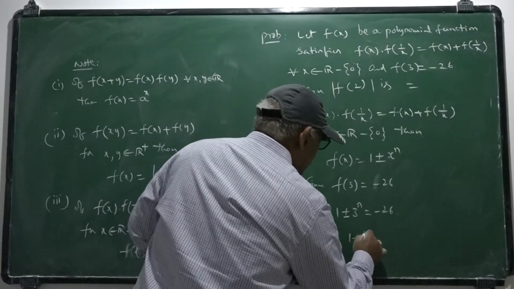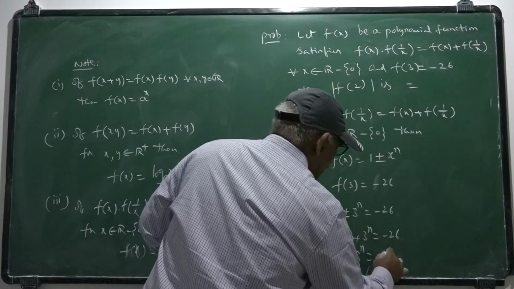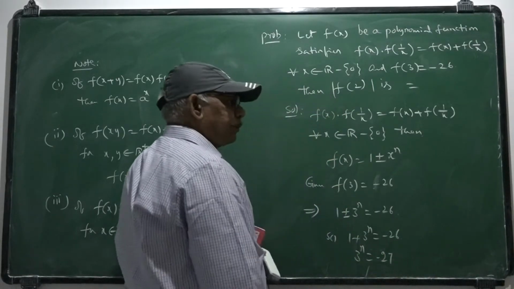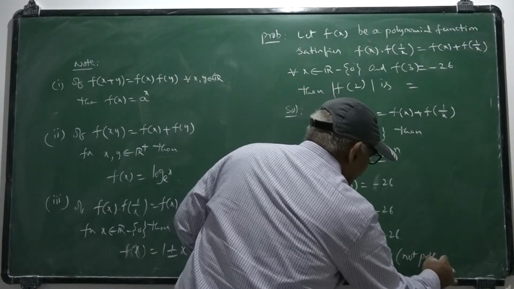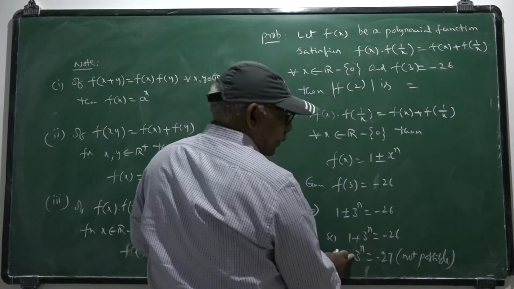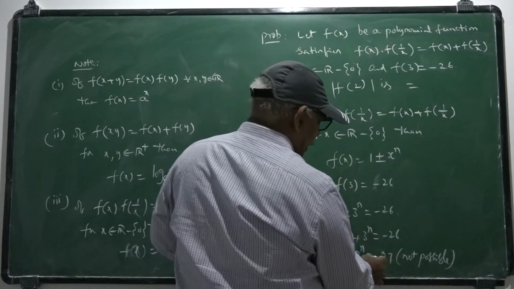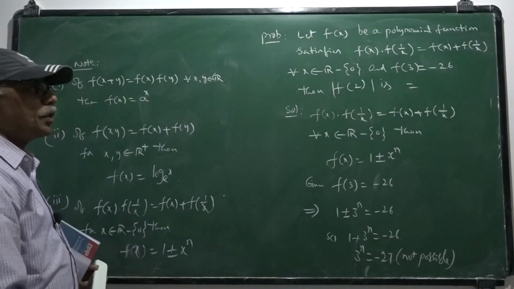So taking 1 plus 3 power n equal to minus 26, 3 power n is minus 27, which is not possible, because this is positive, this is negative. A negative quantity cannot be equal to a positive quantity, since the exponential is always positive.